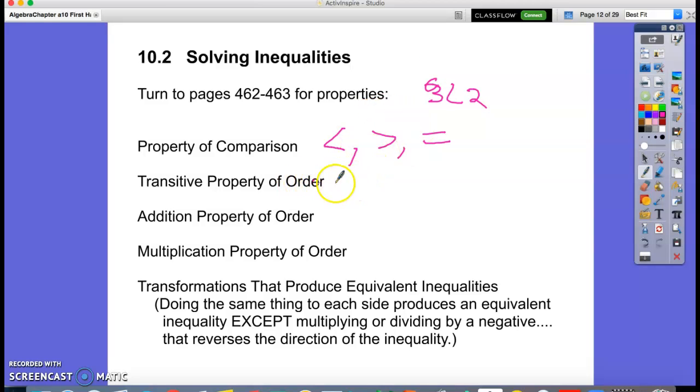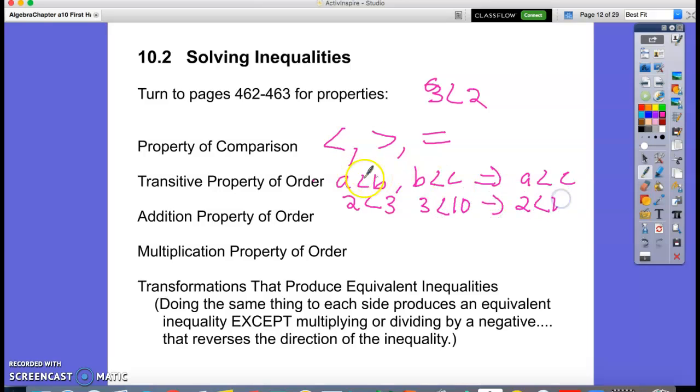Now, transitive property of order: if a is less than b and b is less than c, then a is less than c. So 2 is less than 3 and 3 is less than 10, then you know that 2 is less than 10. So that's the same thing.